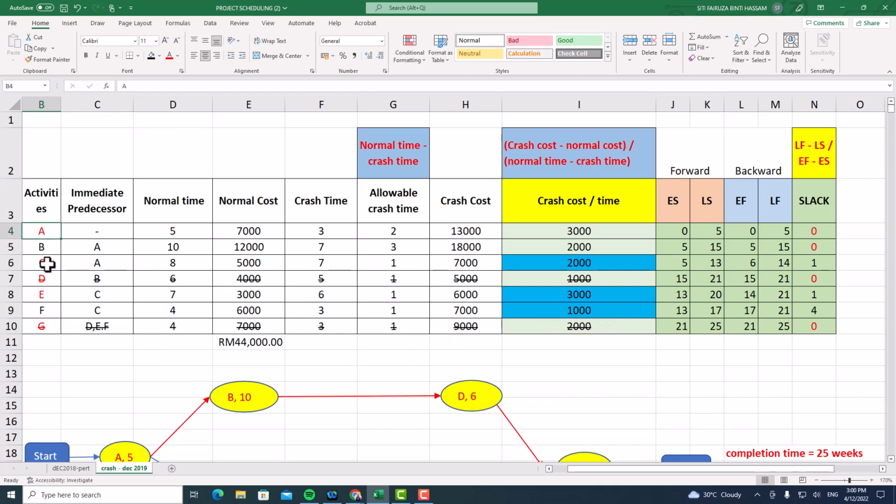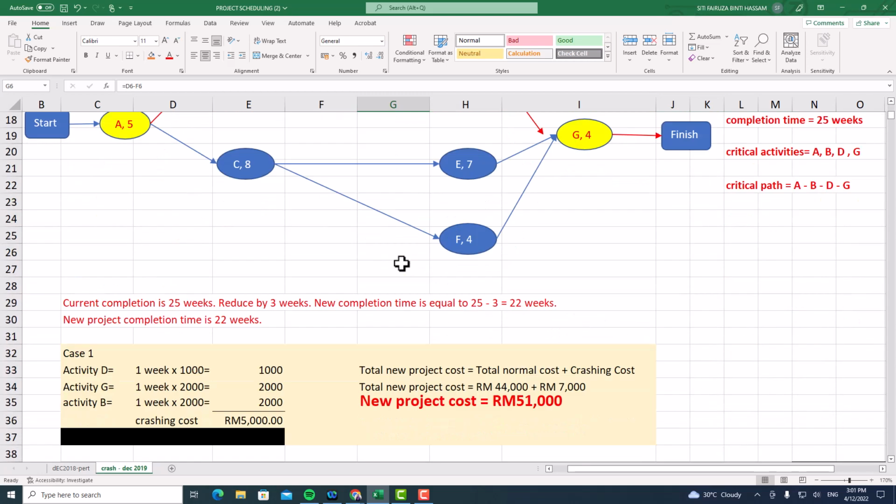So between A, C, and E, which one is the lowest cost? Refer to the orange highlighted. Okay, so between A, C, and E, the cheapest one goes to activity C. So we need to crash by 1 week. We will choose activity C, and the allowable crash time as stated here is 1 week only.